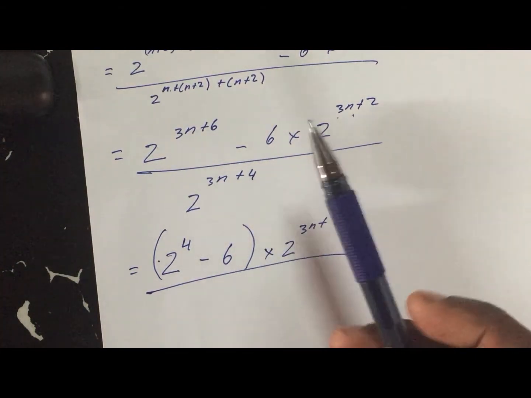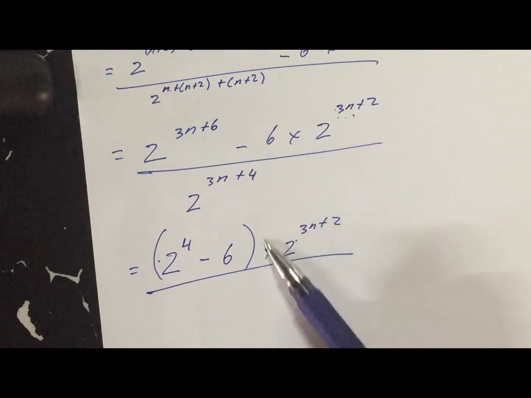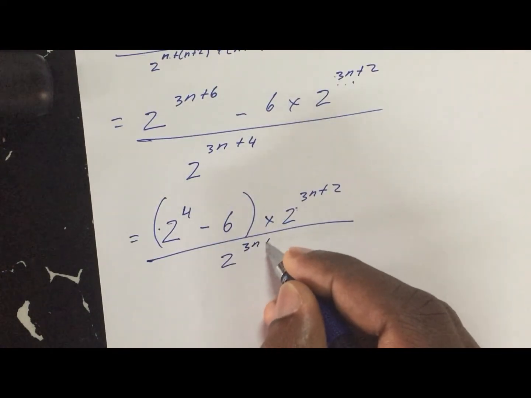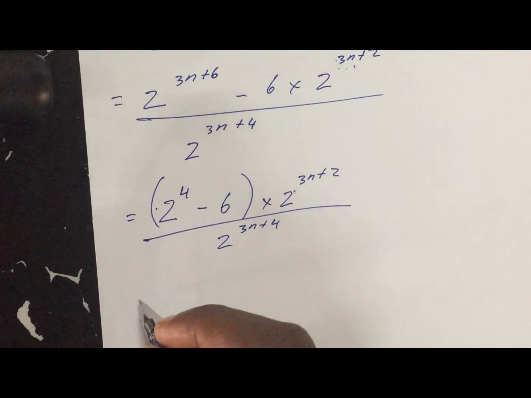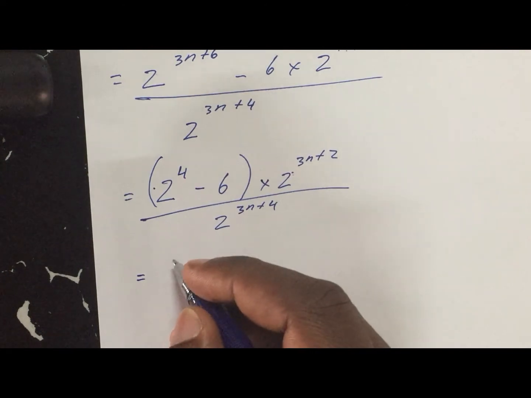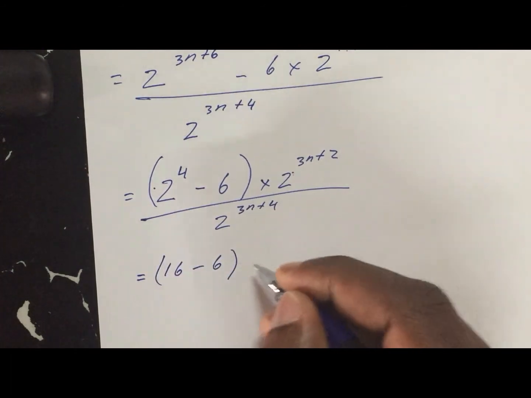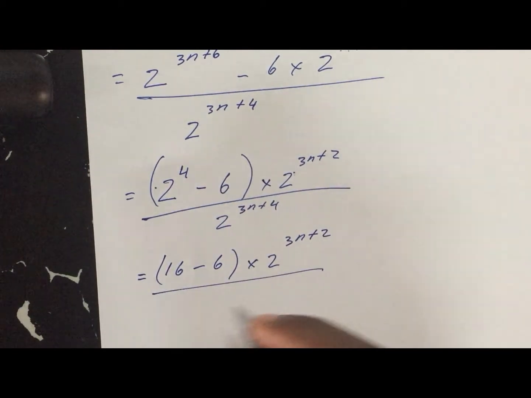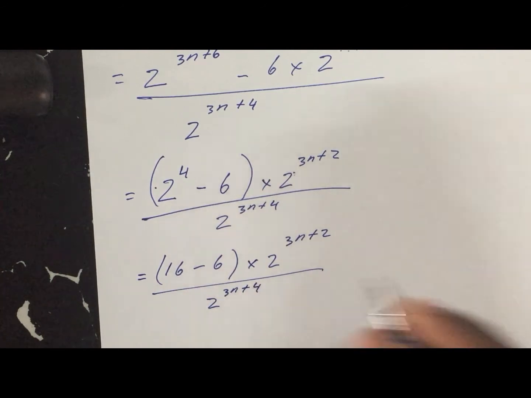So basically what we're doing is grouping the 2, but in order for us to group this, we have to factor because of this negative 6. 2 to the 3n plus 4. So now, after we factor, we further simplify. 2 to the 4 gives us 4 twos, 8, 8 twos, so that will be 16 minus 6 times 2 to the 3n plus 2 divided by 2 to the 3n plus 4.